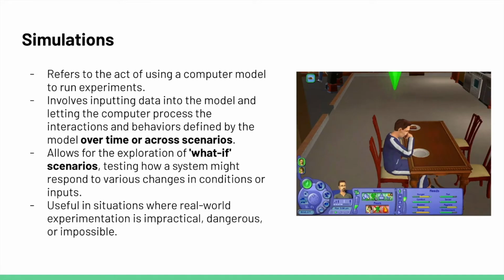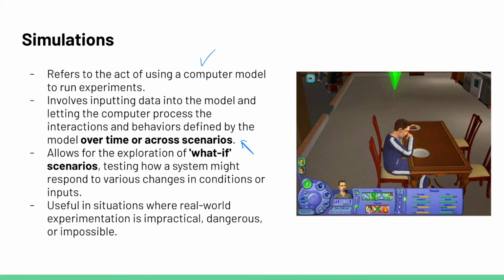Now, having taken a look at modeling, let's look at what simulations are. Simulations refer to the act of using a computer model to run experiments. But one of the big differences between modeling and simulations is that simulations are over time or across scenarios. Remember, with modeling, we really just were looking at one output for one point in time.